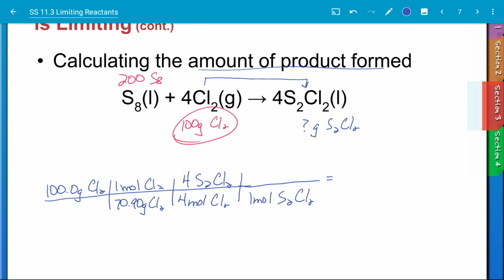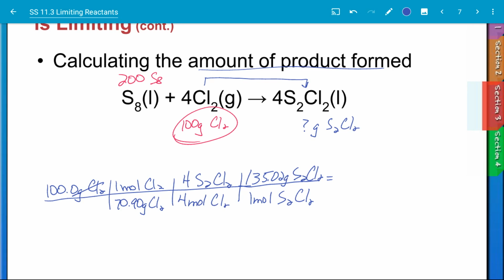So I've got 32.06 times 2 gives me 64.112, plus my chlorine is 70.90 for 2 moles of that. So 32.06 times 2 plus 70.90 equals 135.02 grams of disulfur dichloride.